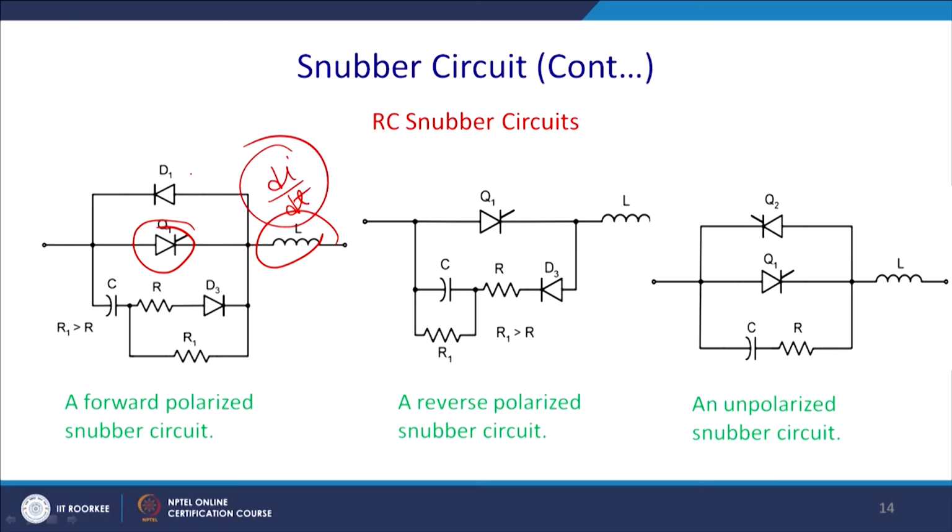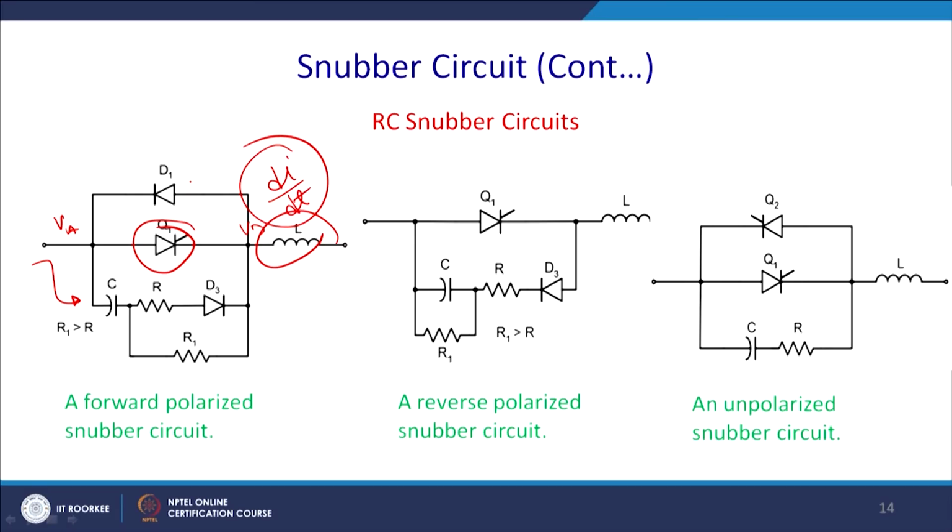It will limit the di/dt, and this RC network will come in while turning on, because once current flows, if the device is off and the voltage VA is greater than VB and you are triggering, then this will come in for high dv/dt protection.